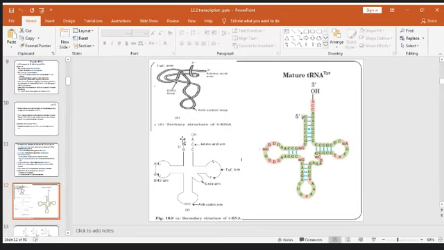So the 5' end is here, the 3' end is here, the dihydrouridine arm is on the left, the thymidine pseudouridine and cytidine arm is on the right, the anticodon arm is below, and the 3' end OH group ends with the CCA sequence. The 5' end is guanosyl phosphate, that is, phosphorylated guanosine.